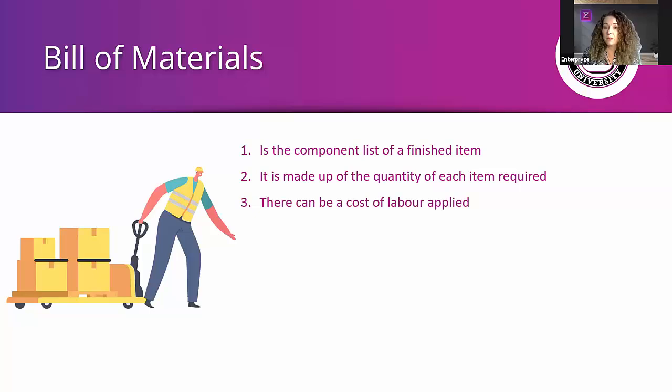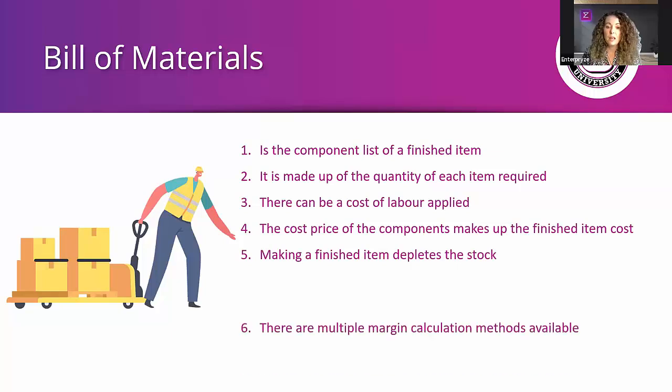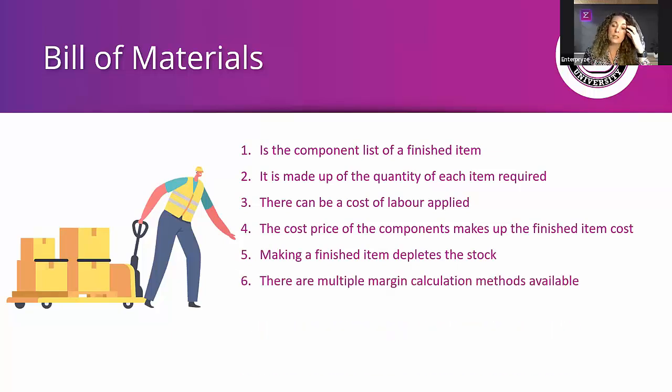There can be a cost of labour applied or other costs can be added. The cost price of the components makes up the finished item cost. That's important. Making a finished item depletes the stock, which of course will deplete the raw materials. There are multiple margin calculation methods available. I have a good article on that on the Help Centre if you want to understand margins and gross profit.